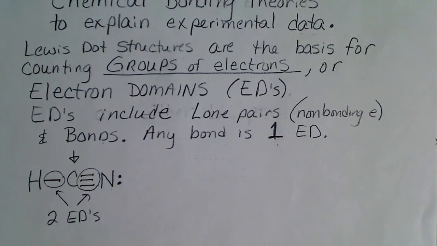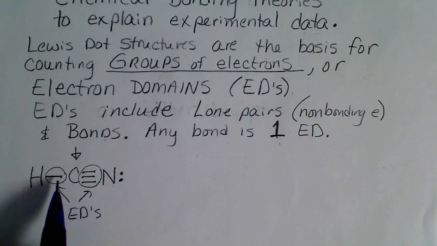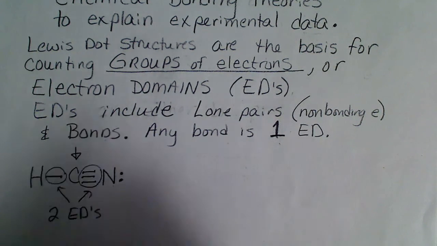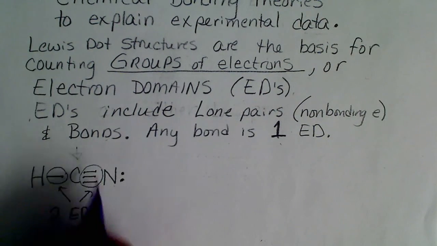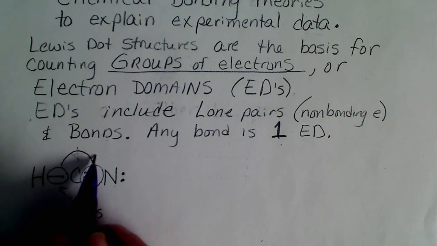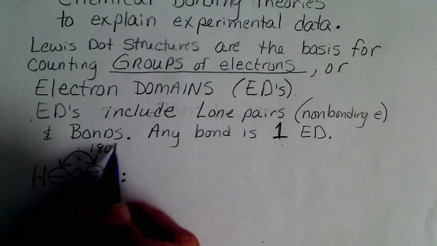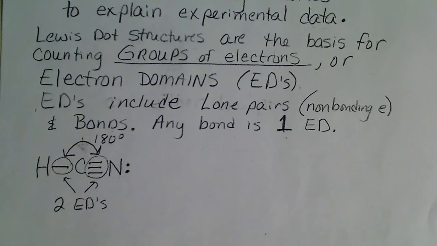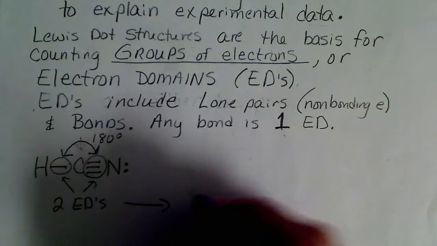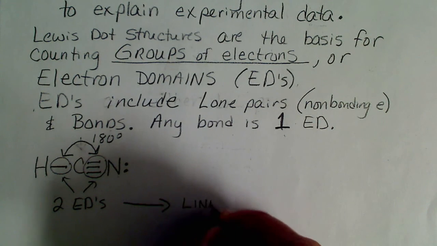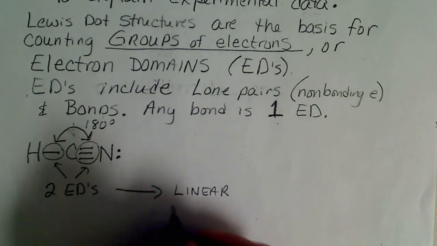and several textbooks treat the electron domains like balloons. If we tied 2 balloons together, we would get this linear position. So 2 groups of electrons are going to repel each other, and the maximum angle between them would be 180 degrees. So 2 electron domains translates into a linear electron domain geometry.